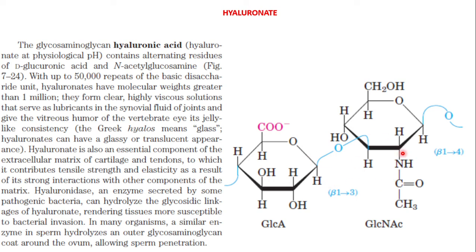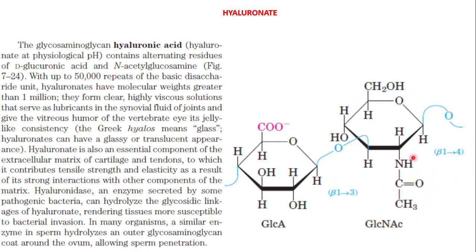The other monomer is glucose. It was beta glucose. It was glucosamine. It was N-acetyl glucosamine. Look here, N-acetyl glucosamine, N-acetyl beta D glucosamine.